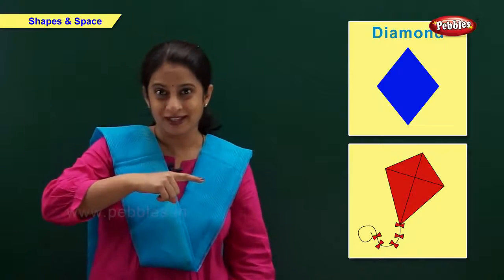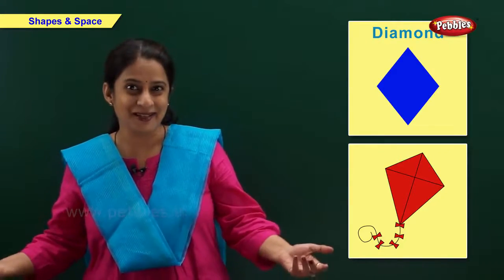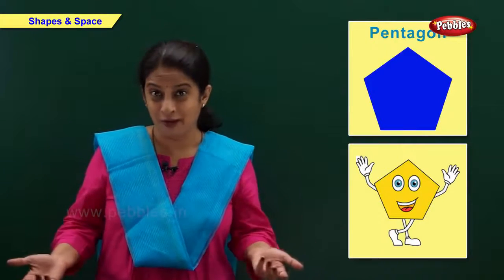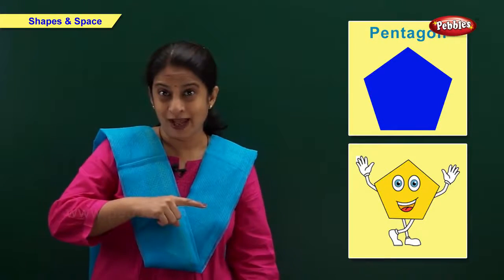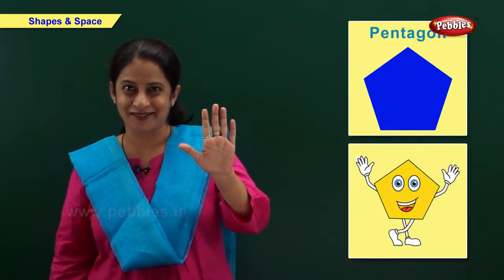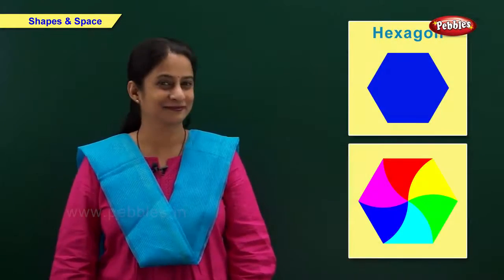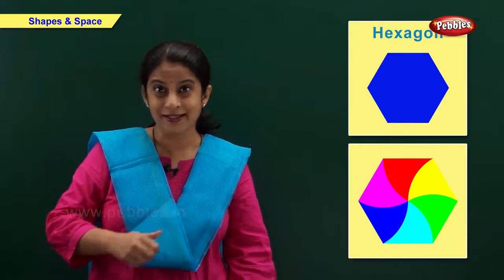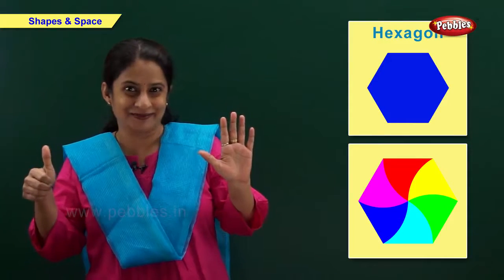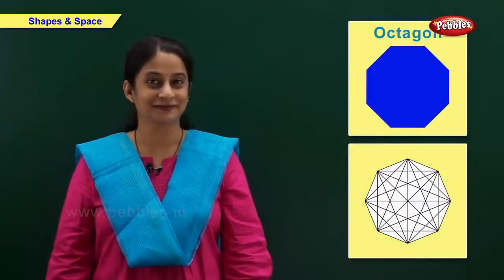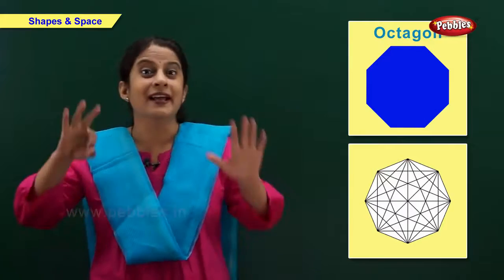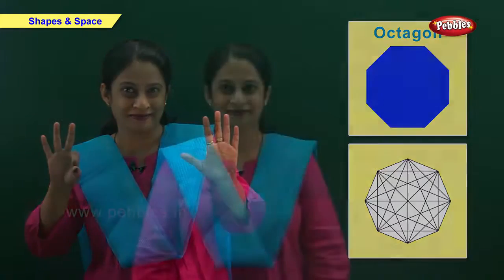The shape of this kite is like a diamond. Pentagon. A pentagon has 5 sides. Hexagon. A hexagon has 6 sides. Octagon. An octagon has 8 sides.